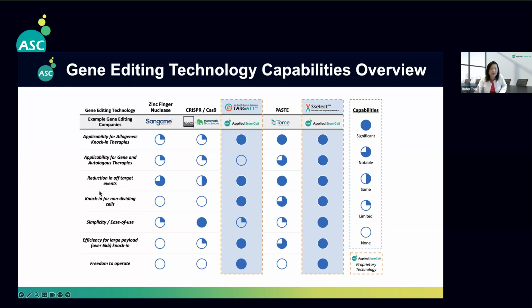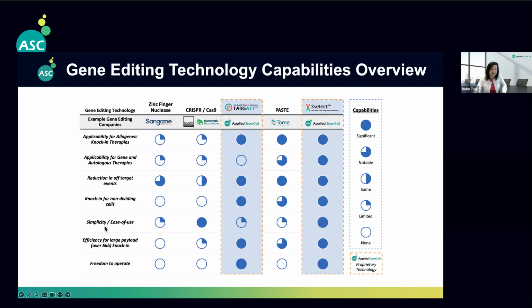And this is unique to TARGATT: knock-in for non-dividing cells. CRISPR in general requires the host homologous recombination system to be active. In non-dividing cells, the host homologous recombination system is not active. So that's why CRISPR cannot do that in non-dividing cells. However, integrase is a self-autonomous enzyme that contains all the functions. It does not require host enzymes to do anything.